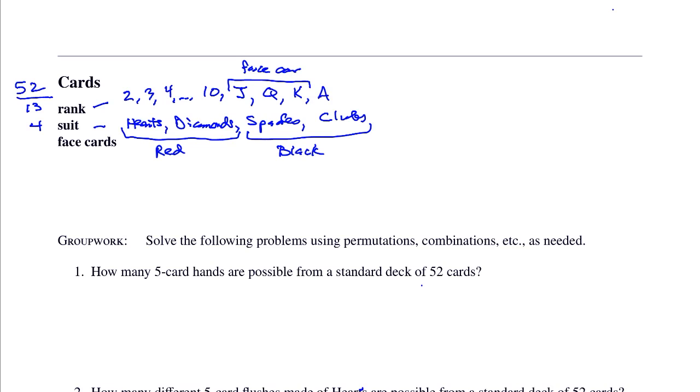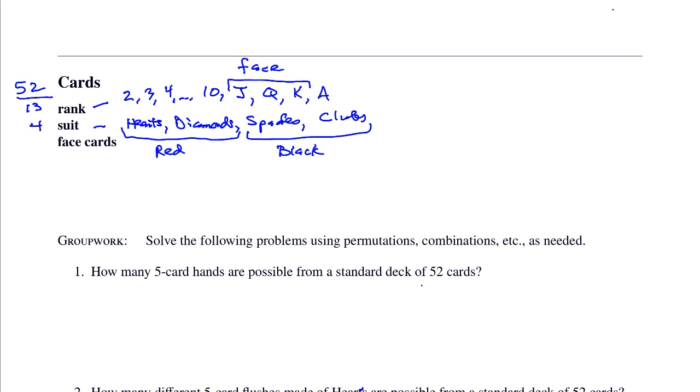How many total face cards are in the deck? 12. There are 12 face cards. 3 for each of the 4 suits. Okay. So if we know this, then we can do things with it.